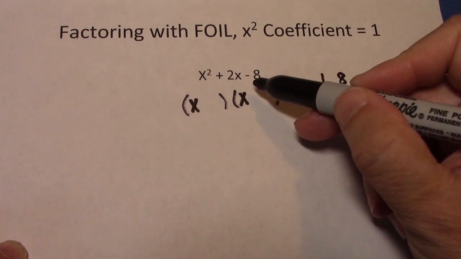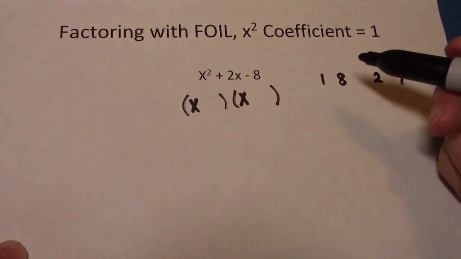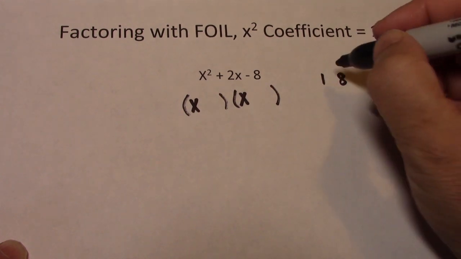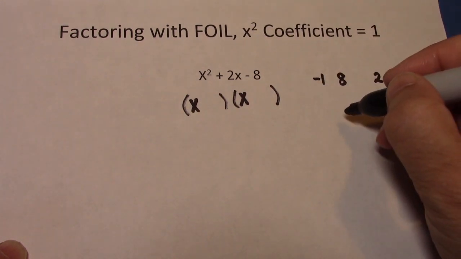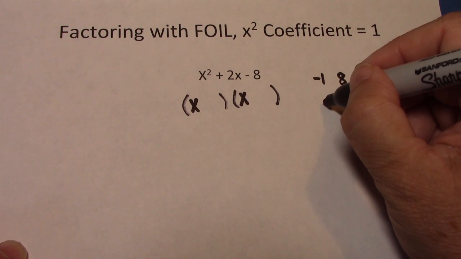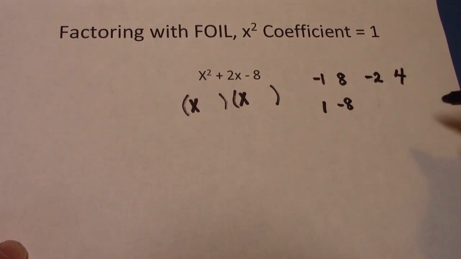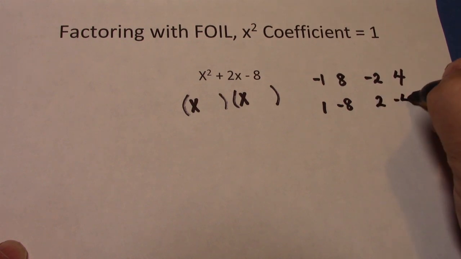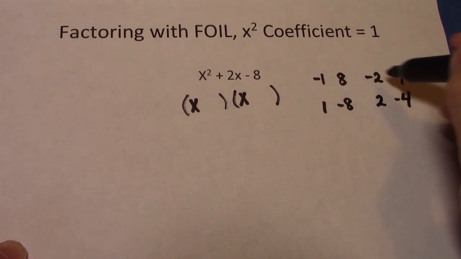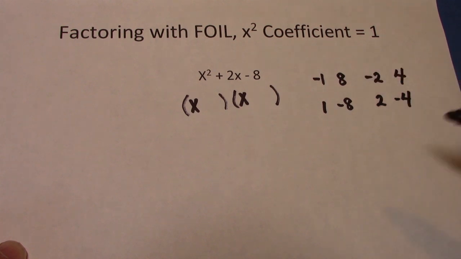One has to be negative, one has to be positive in order to multiply together and result in a negative. So it could be negative 1 and 8, or it could be 1 and negative 8. And same way here, this could be negative, or this could be negative. So one of these 4 combinations is the answer.